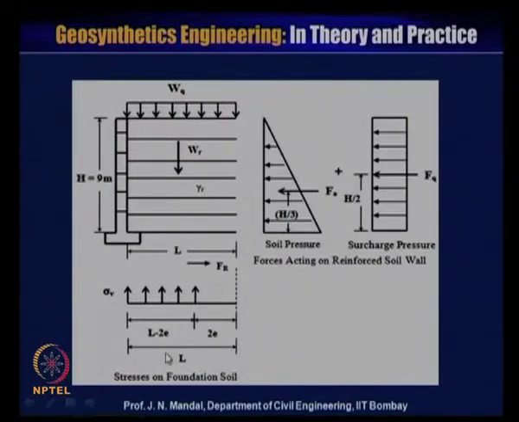So total length will be L. When we design for the factor of safety against the bearing capacity and the vertical forces which are acting upward, that length we should consider L minus 2e, and this is the Meyerhof earth pressure distribution. For all cases I recommend that you follow the Meyerhof earth pressure distribution. So the L minus 2e zone will be the active zone.